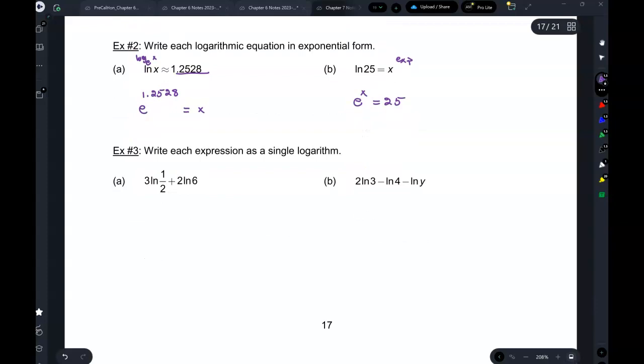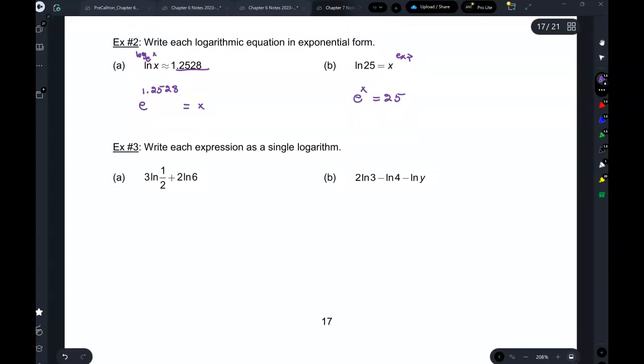All right, so let's write these as a single logarithm. It means we're going to condense the logarithm. Same as with the logs, all of these coefficients become exponents. So I have ln of 1/2 to the power of 3 plus ln of 6 squared. Now, remember when I condense, I write one logarithm.